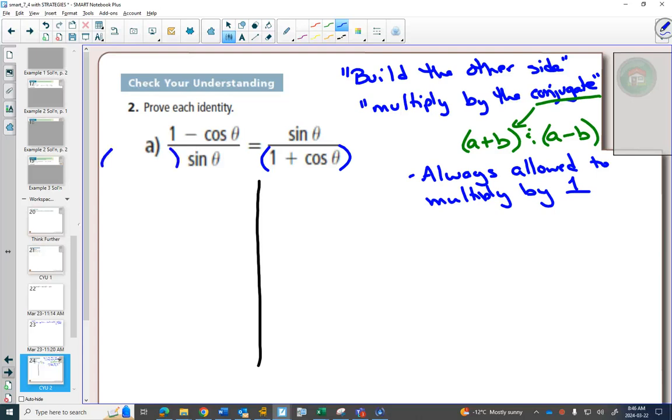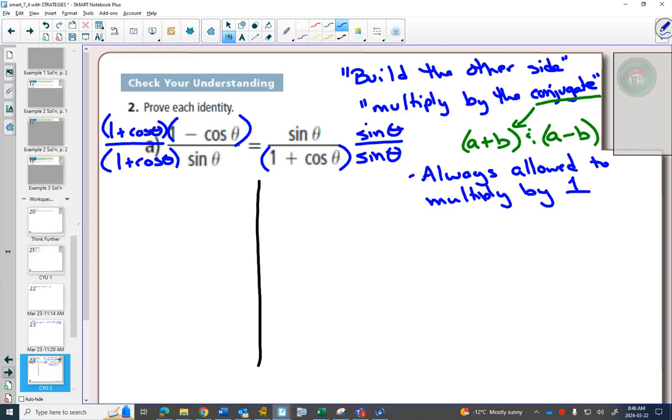So on this side, I say, I want a 1 plus cos theta on the bottom, but if I do that, I have to multiply the top by 1 plus cos theta, because then I'm multiplying by 1. And on this side, if I want the bottoms to be the same, I'm going to multiply by sine theta on the bottom, but if I multiply by sine theta on the bottom, I have to multiply by sine theta on the top.